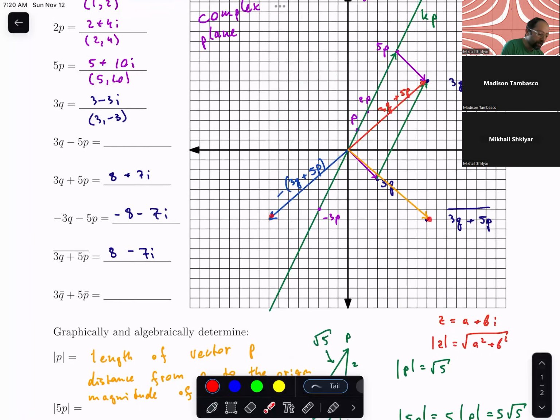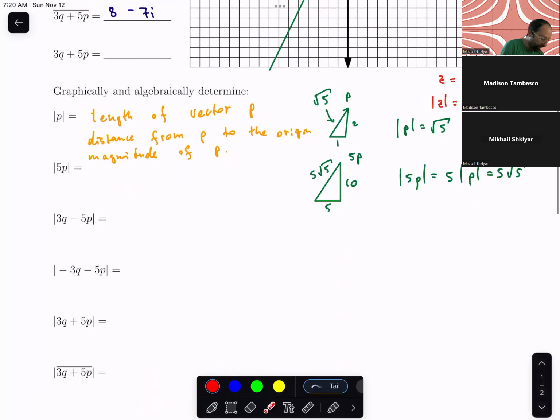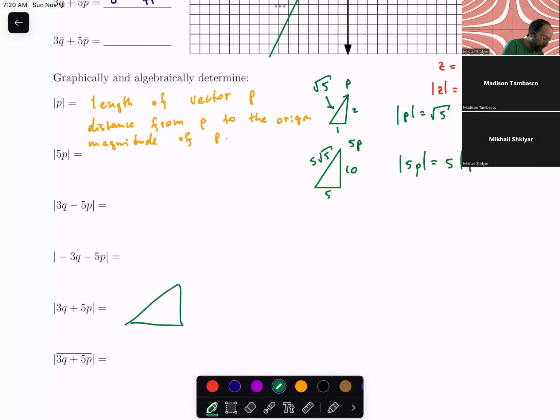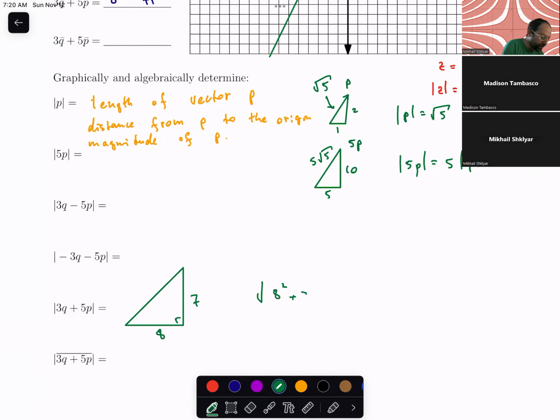So let's see, what right triangle do we have here? 3q plus 5p is 8 plus 7i. So the right triangle here is going to be 8 horizontally, 7 vertically, right? So the hypotenuse is going to be the square root of 8 squared plus 7 squared. 8 squared is 64. 7 squared is 49.